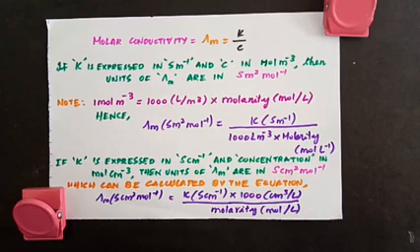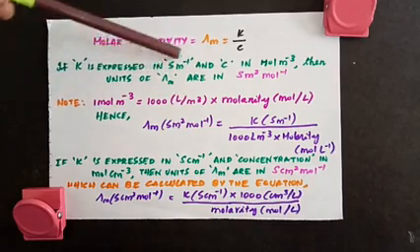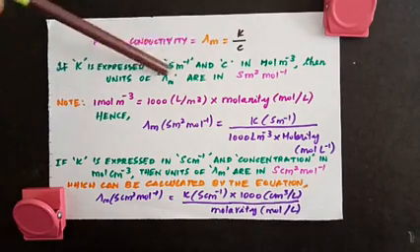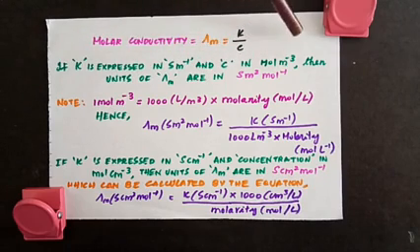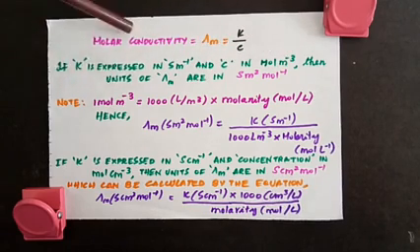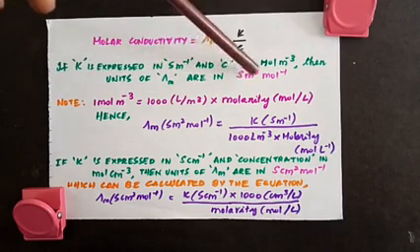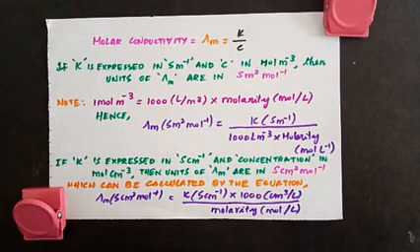As I told you, molar conductivity is equal to kappa by C. If kappa is expressed in Siemens meter inverse and concentration is expressed in mole meter to the power minus 3, then the unit of molar conductivity is Siemens meter square mole inverse. Just now I told you there are three units. One unit here is given as Siemens meter square mole inverse. When will you have this unit?